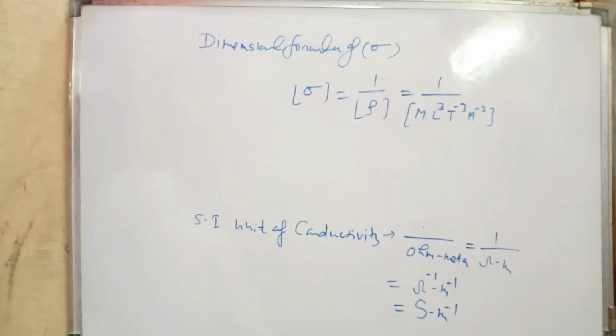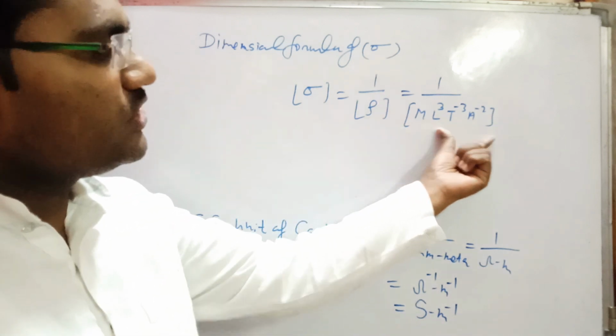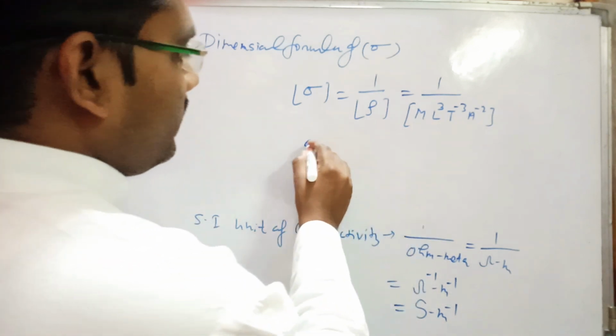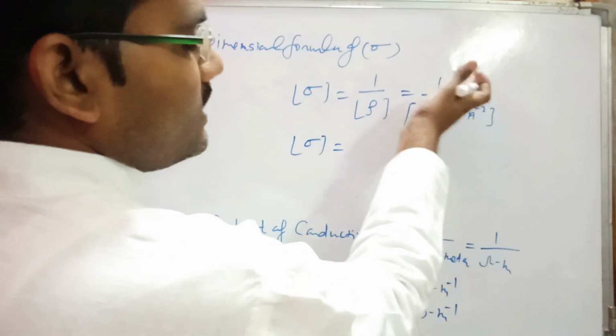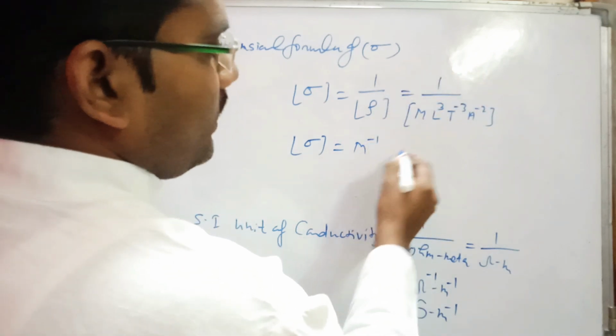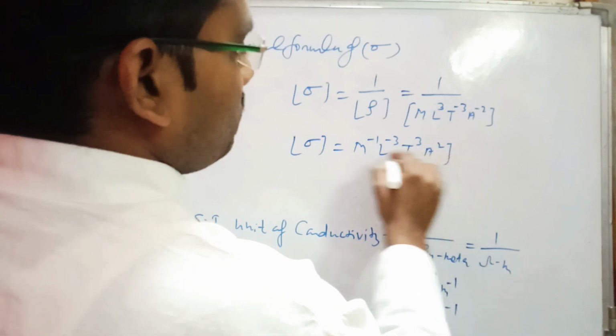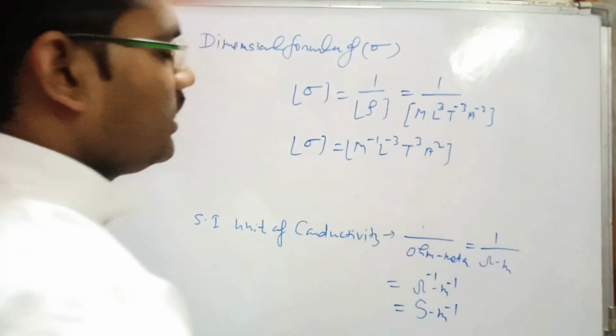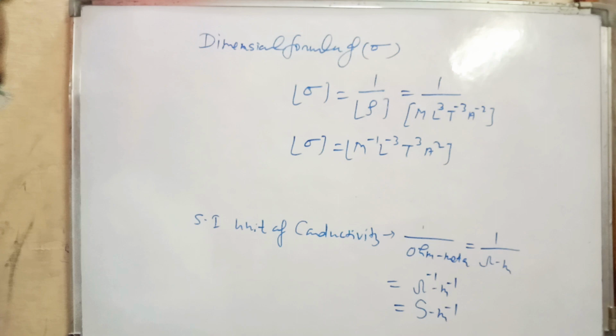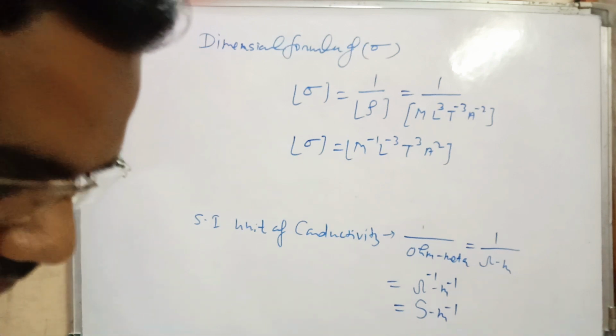Now we take all symbols in the numerator, then M power minus 1, L power minus 3, T power 3, A power 2. This is the dimension formula of conductivity of the material of the conductor.